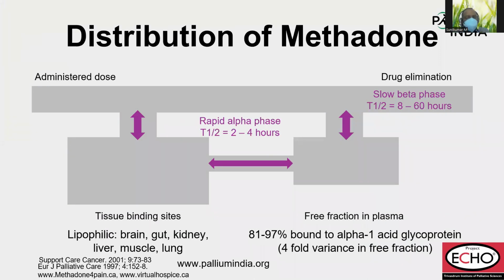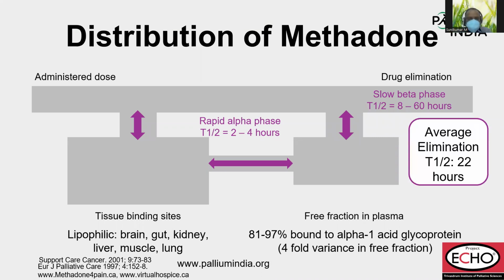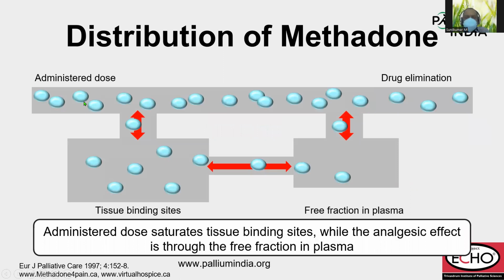Once it is administered, what happens to the methadone? It will be in the blood for some time, maybe up to 2 to 4 hours. After this, methadone goes into the cells, where it binds to the tissue binding sites.